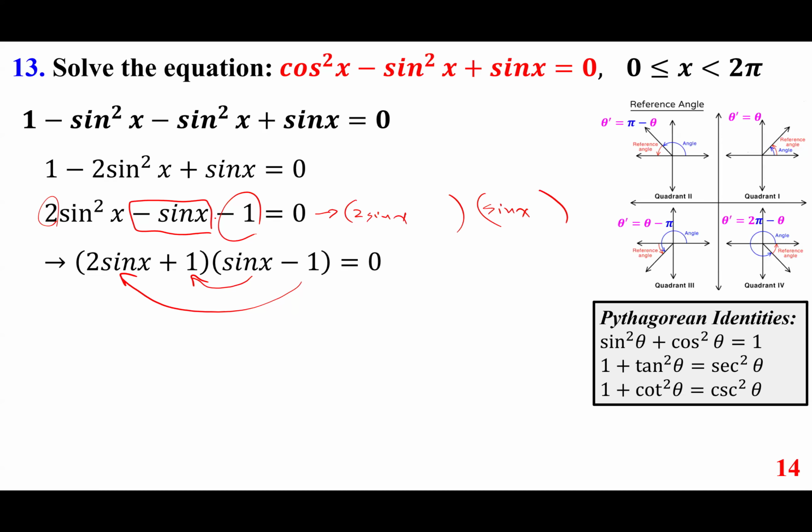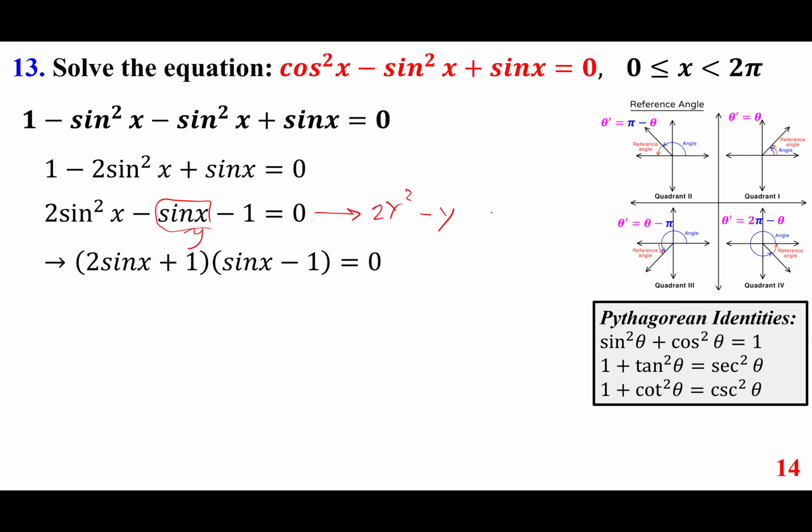Also, if you for any reason find it difficult to do so, then let sine be something other than x, let's say it's y. Therefore, this is 2 y squared minus y minus 1 equals 0. Factor this one and then change the y. Whatever is easier.